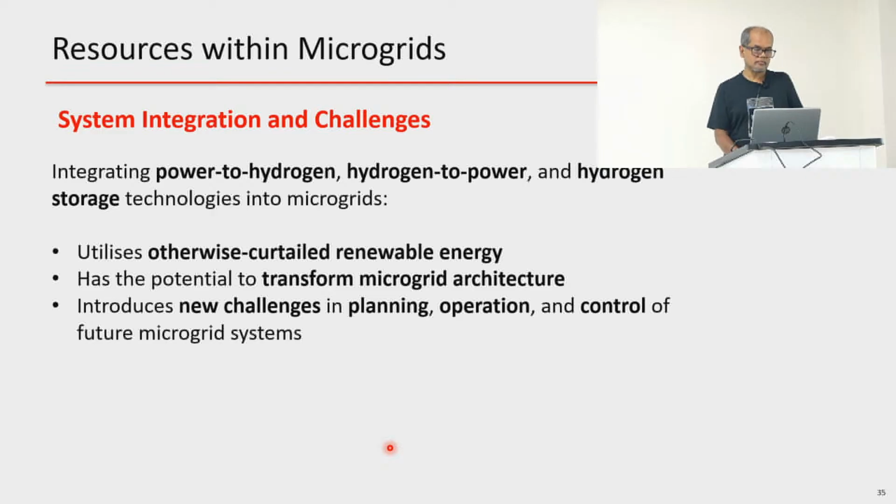Now, what are the challenges? System integration. So integrating power to hydrogen, hydrogen to power, and hydrogen storage technology in the microgrid, that mostly in current times utilizes additional renewable energy, definitely has the potential to transform microgrid architecture.